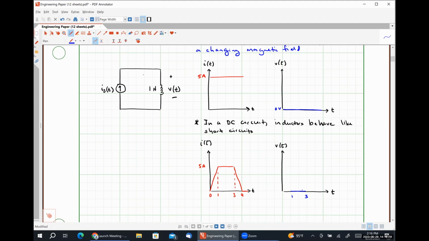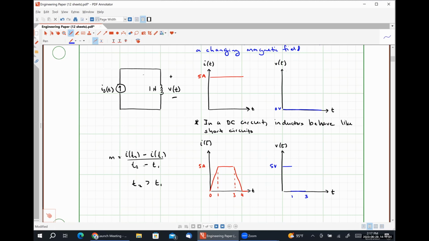Just to remind you guys of how slope works, my bad, it is going to be I at T2 minus I at T1 over T2 minus T1 under the caveat that T2 is greater than T1. So T2 represents a later point in time, right? So 5 minus 0 over 1 is 5 amps per second. Multiply that by 1 Henry, and we wind up getting 5 volts.